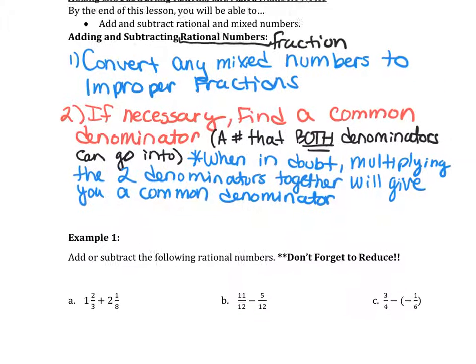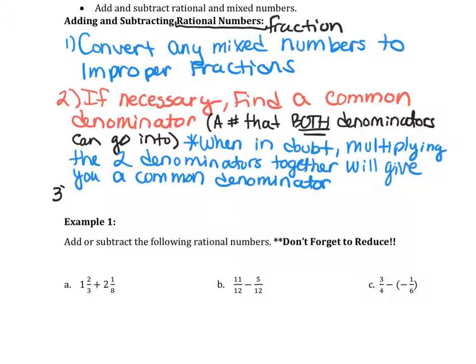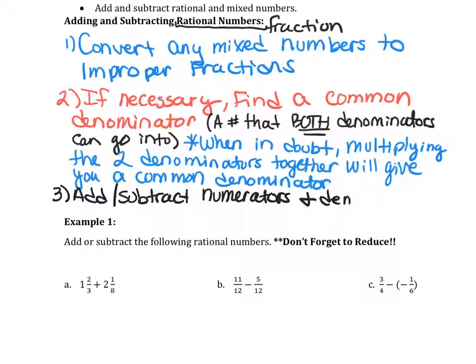Okay, once we find our common denominator, then we will add or subtract the numerators. And the denominator stays the same.